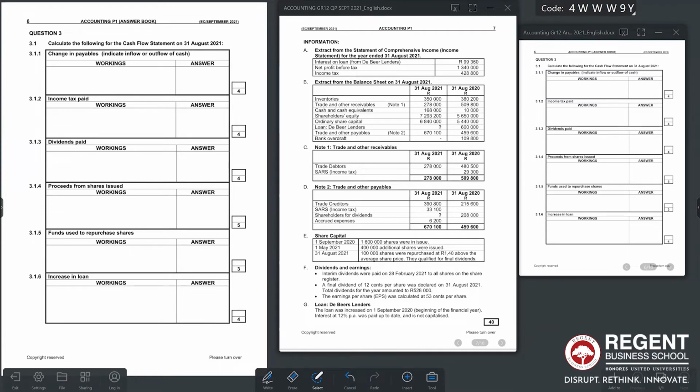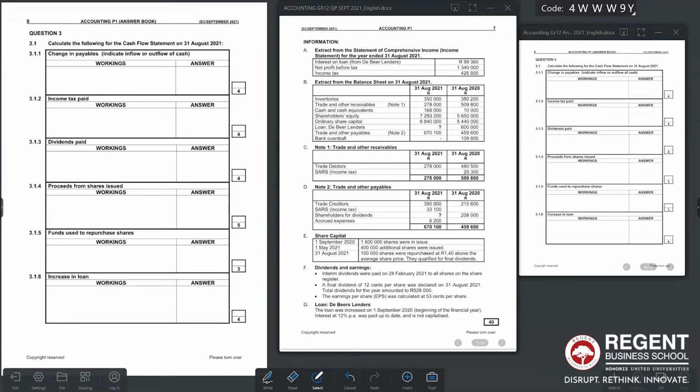If I buy goods from them, I owe them more money. If my payables increases, I took stock from them, but I didn't pay them. So it would be regarded as an inflow of funds because I'm going to take their stock and sell it and I'll get cash. So if there's an increase in payables, it will be an inflow of funds.